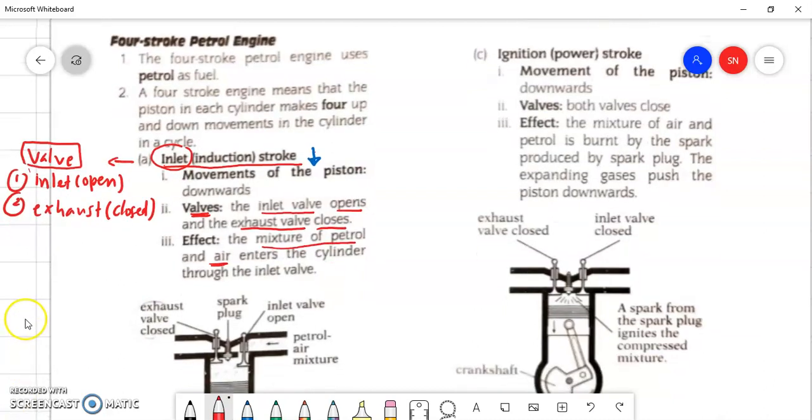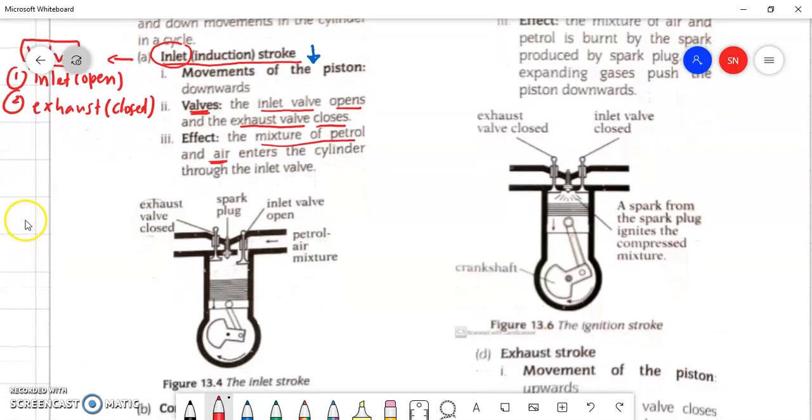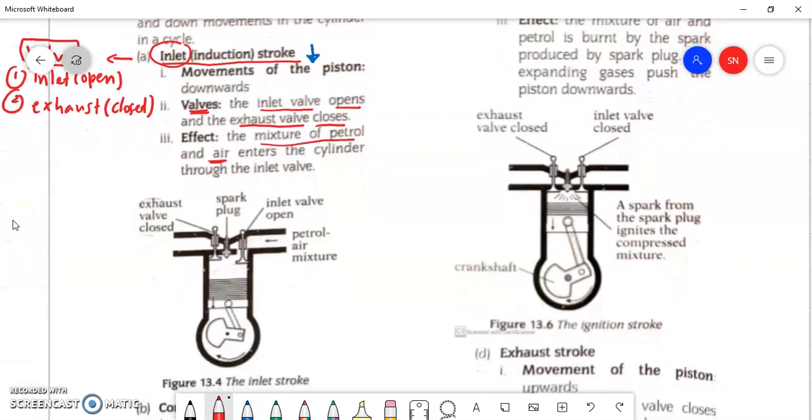So the diagram looks something like this. This is an inlet stroke. You can see here, this part is what we call a spark plug, and we have the exhaust valve over here and the inlet valve over here.